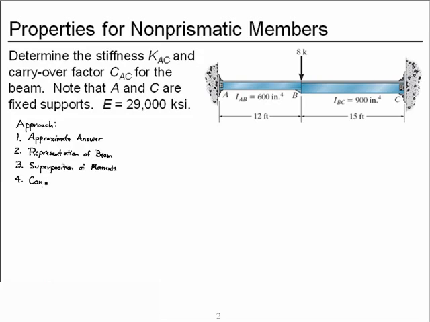Then we're going to create the conjugate beam with the M over EI as loading. We'll apply equilibrium to the conjugate beam.